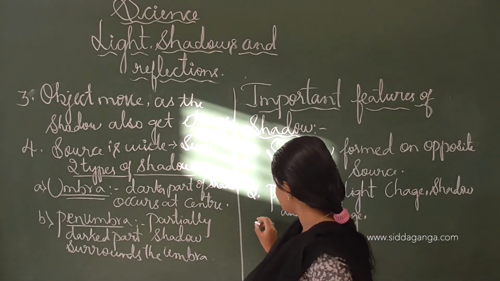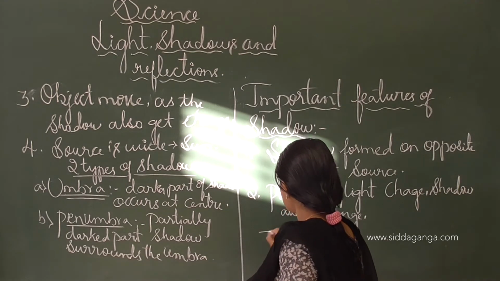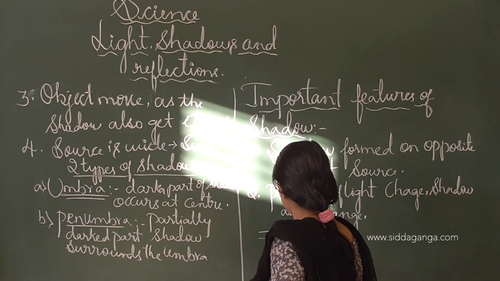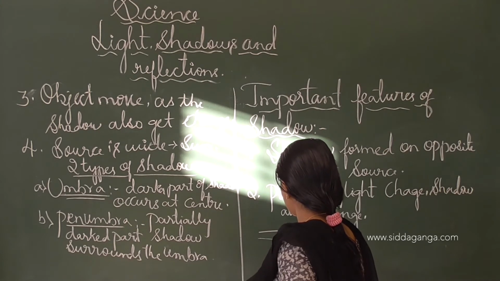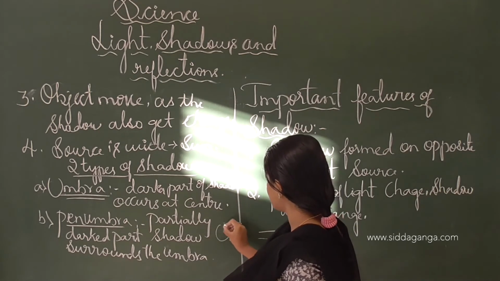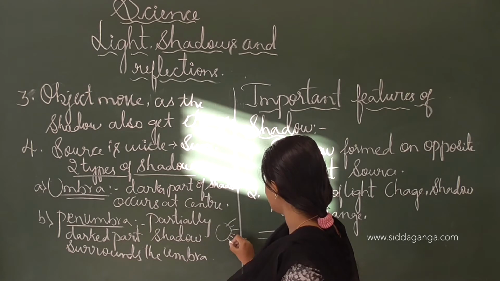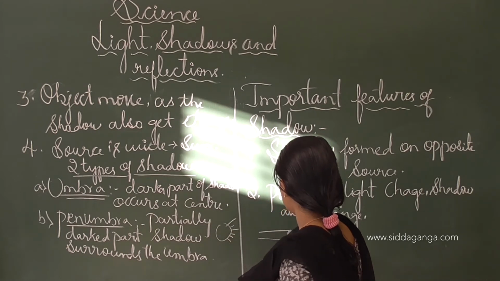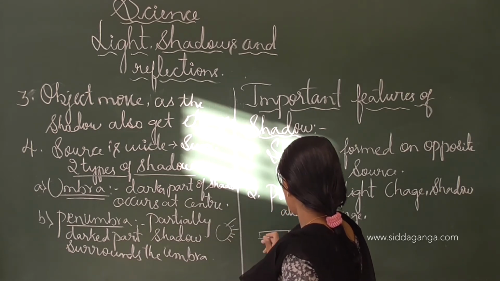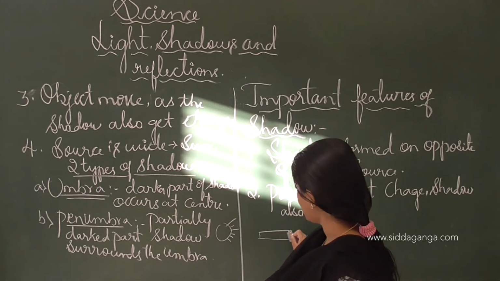See, for example, here is a darker part. Consider that the source of the light is here, and the rays fall on a particular object, and this acts as the umbra stage.